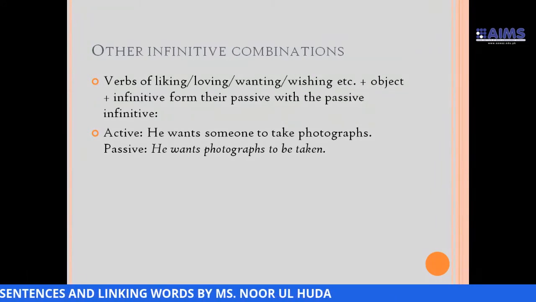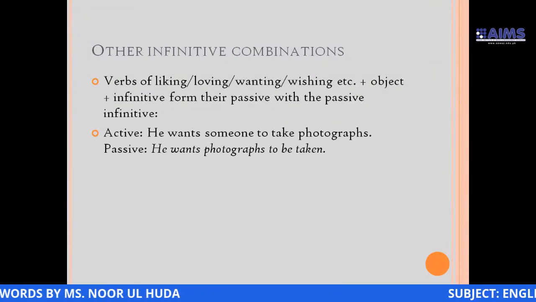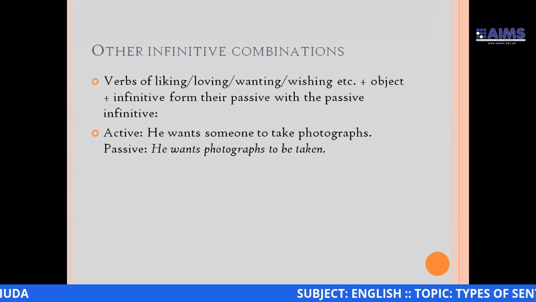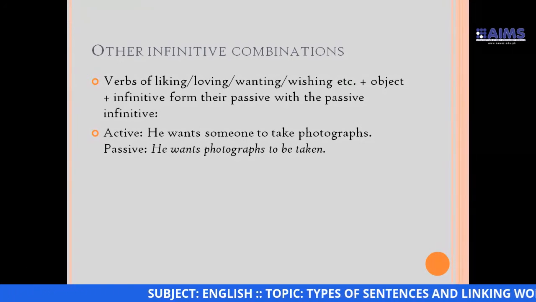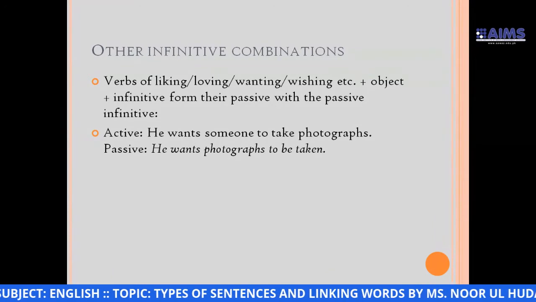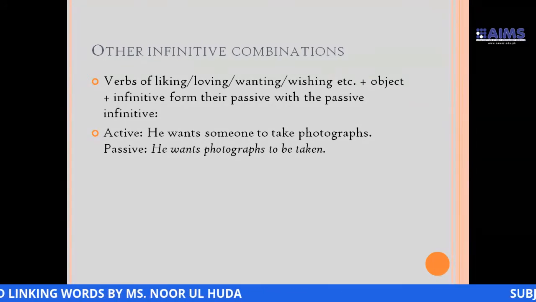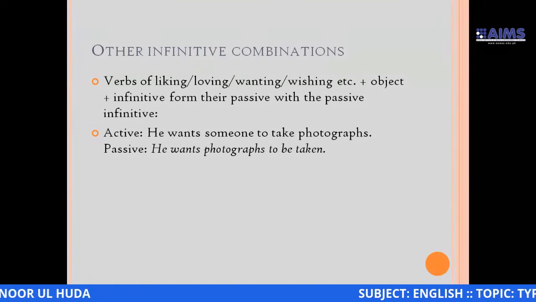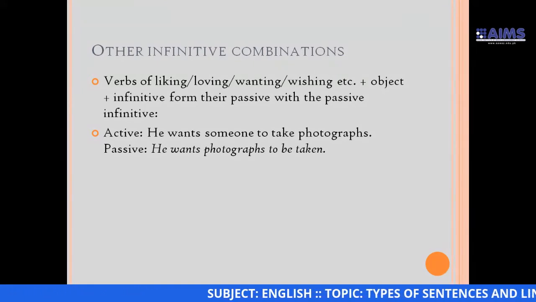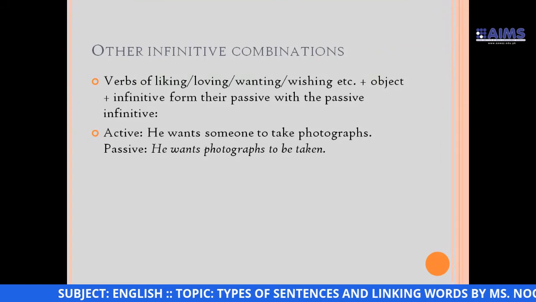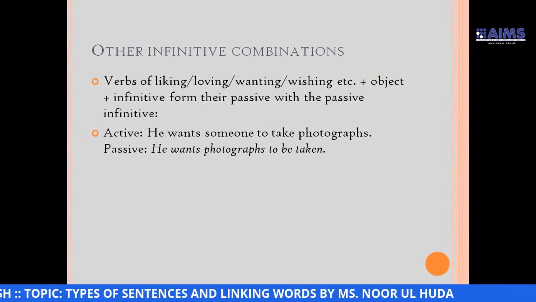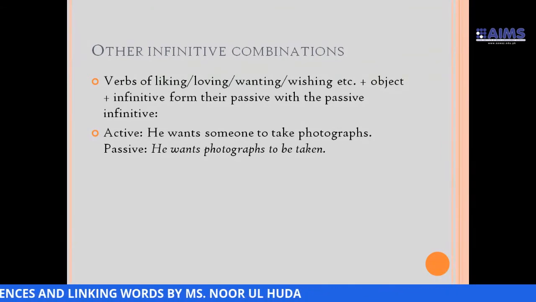Let's suppose it would be like that: 'he likes me to send some food', or 'he loves everyone to be kind'. Now the be is also the bare form of the word, infinitive form of the word.